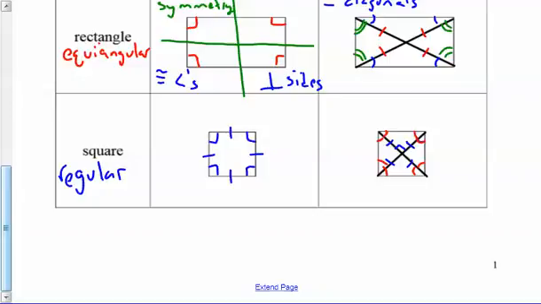They have congruent sides and perpendicular sides. They have congruent diagonals and perpendicular diagonals.